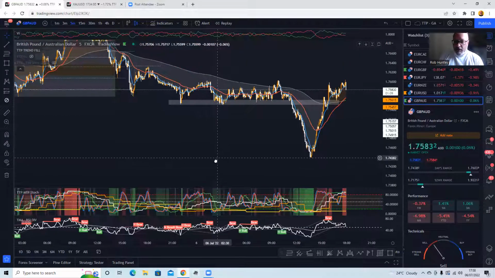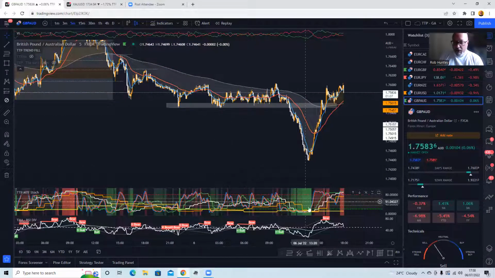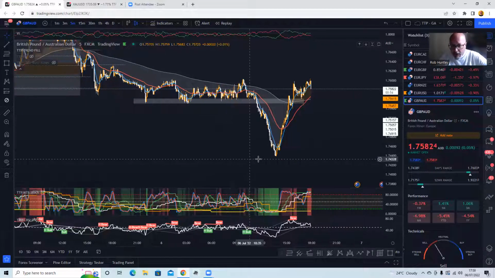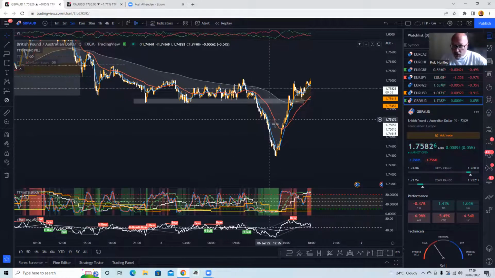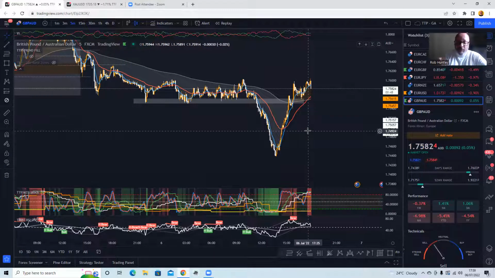You know, there's other things like the stochastic, the multi-time frame stochastic. You've also got the RSI divergence. There wasn't any divergence at that particular point like there has been on some of the other examples I've shown you. But even if you just want to look at the cross of the moving averages, and I know I've said it before and I'll say it again, many people mock the moving average crossover.